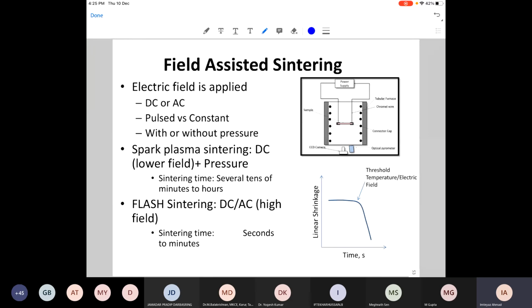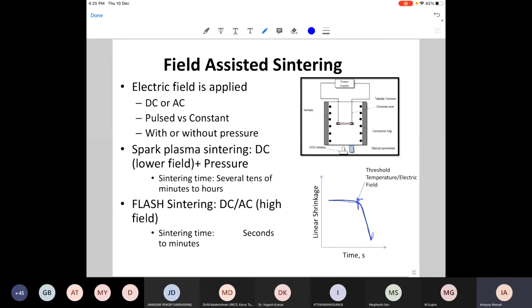And one of the techniques that people have started talking about nowadays, and more and more publications are coming on this topic, is that without application of any load, you can use electrical voltage to a threshold where you can sinter these products at a very fast rate in a few seconds.